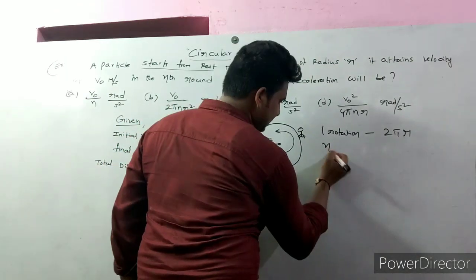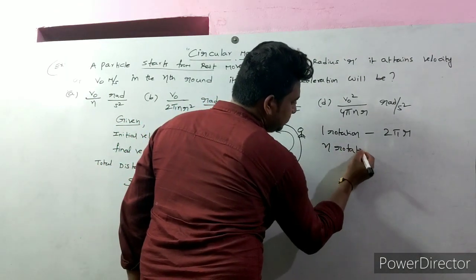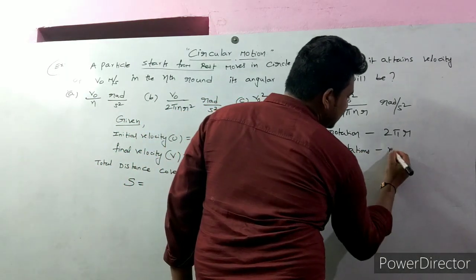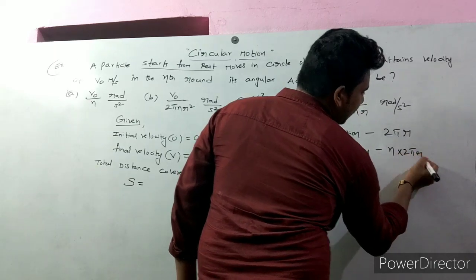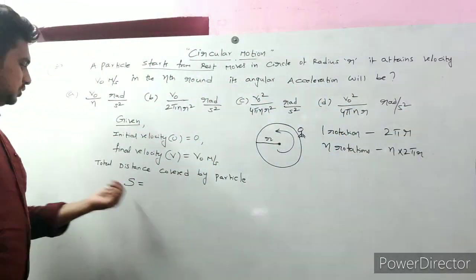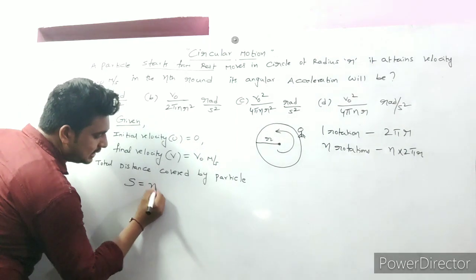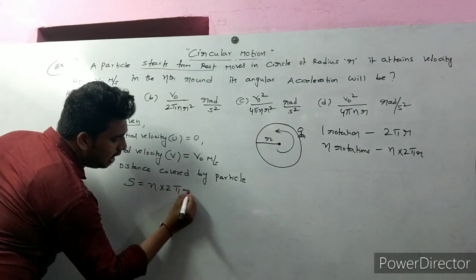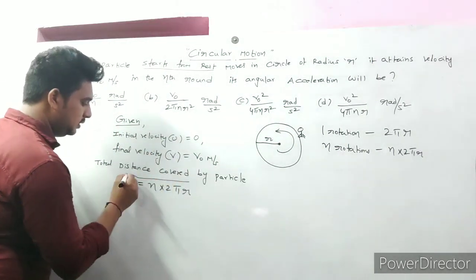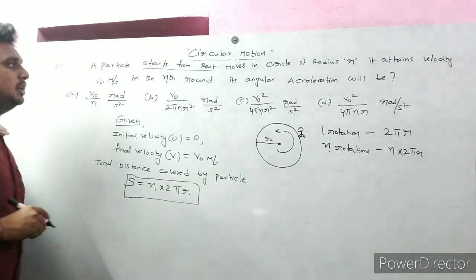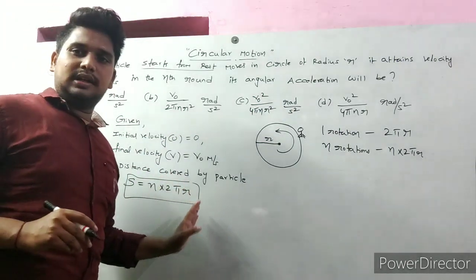Here it covers n rotations, so the distance is n into 2 pi r. So the total distance covered by the particle is n into 2 pi r. Okay, so this is the distance, and this is also clear.